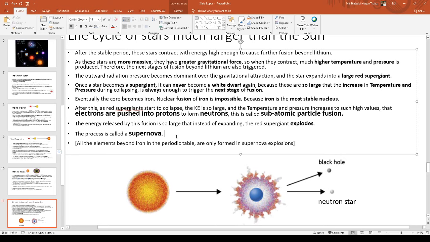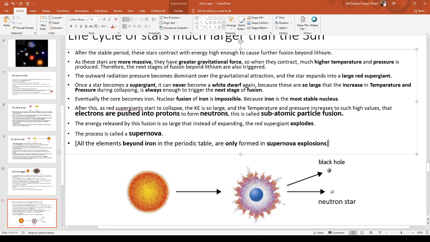As the subatomic particles fuse into one another, neutrons are produced, more protons and neutrons are produced, and lots of different combinations are produced. All the elements that are beyond iron in the periodic table are only formed in supernova explosions.